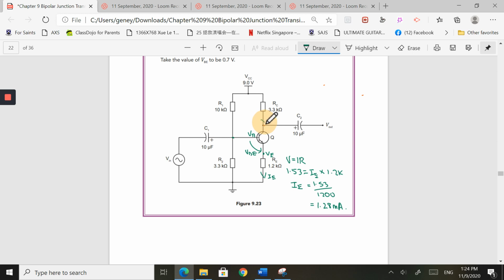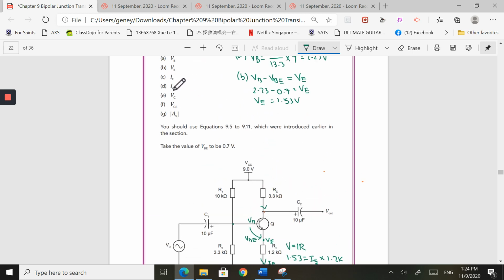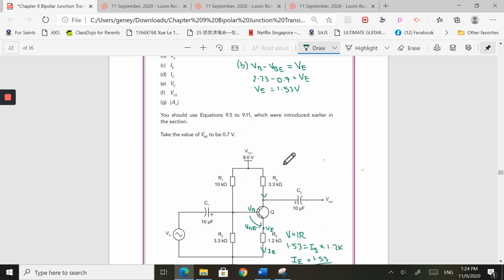Because the next part they want us to find the value of the collector current, we can say, because this part is small, we can assume that the collector current is more or less equal to the emitter current. So we are going to disregard the base current completely.